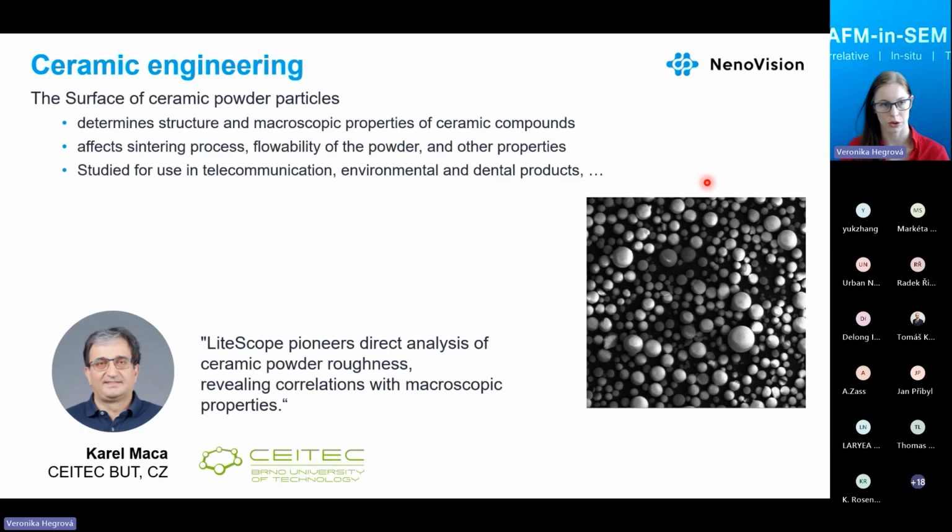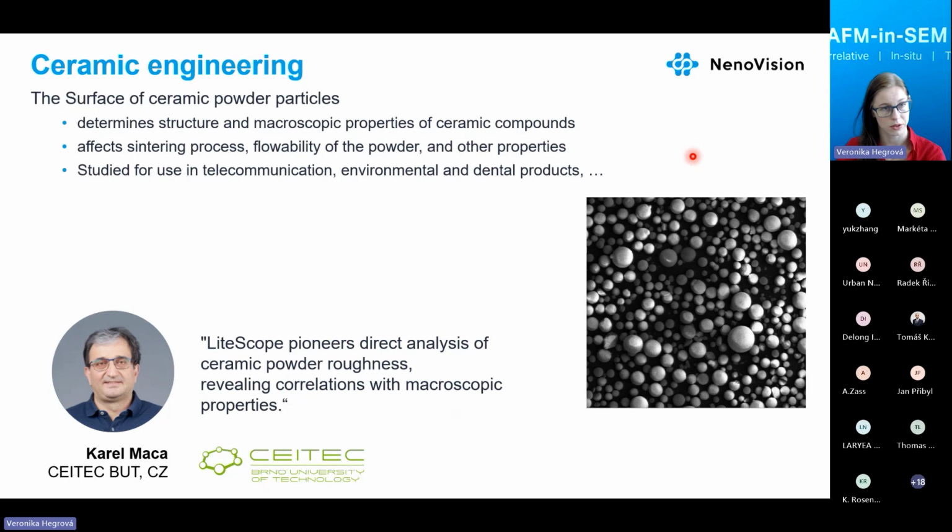So if we move more to the ceramic engineering, the surface of ceramic powder particles is quite often analyzed, as it determines the structure and microscopic properties of the ceramic compound afterwards from the powders, as there are many steps before the device is ready.